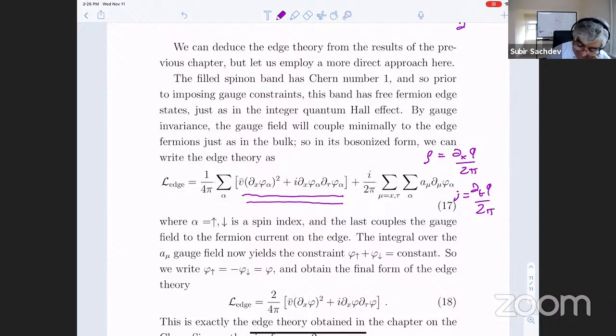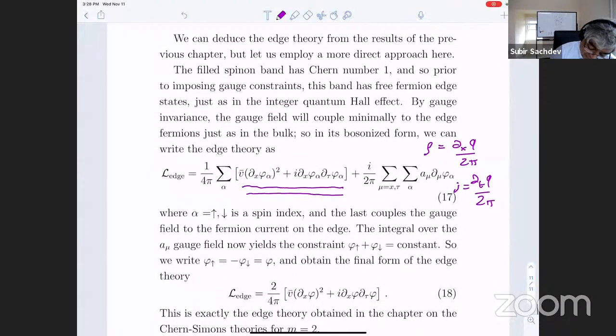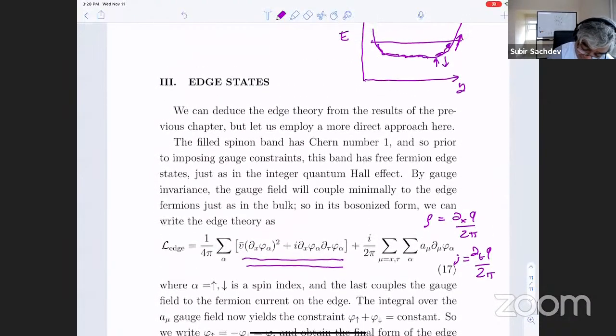So the Lorentz invariant current J mu, I should write it out clearly.